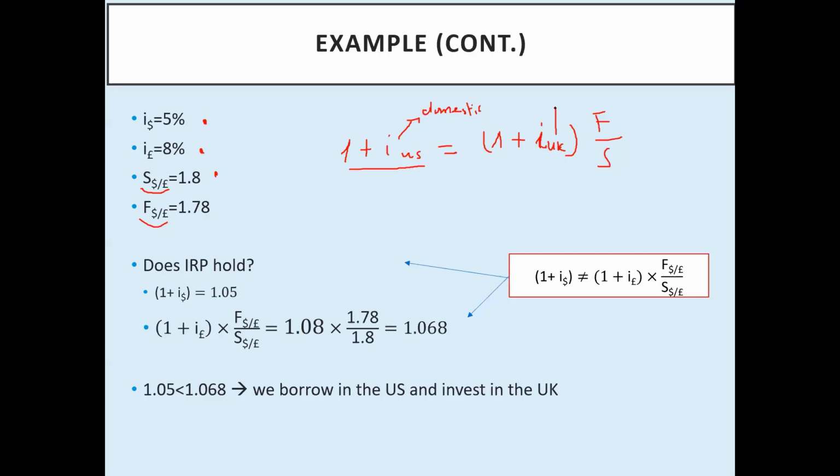And on my right-hand side, this should be a foreign interest rate. If the domestic rate is on the left-hand side, then with the forward and the spot exchange rates, this should be the price of the foreign currency in the domestic currency, okay? So this should be domestic over foreign. So that's something to note.